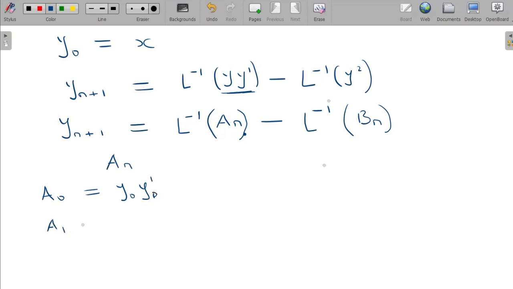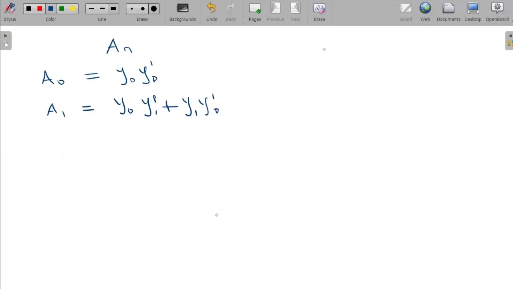Then for A1, this can be written as y naught y1 prime plus y1 y naught prime. Then when n is 2, A2 is equal to y naught y2 prime plus y2 y naught prime plus y1 y1 prime.